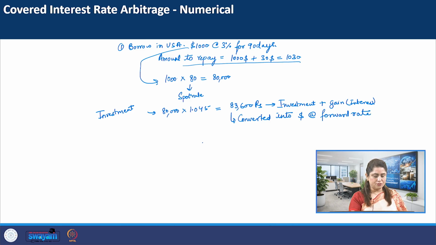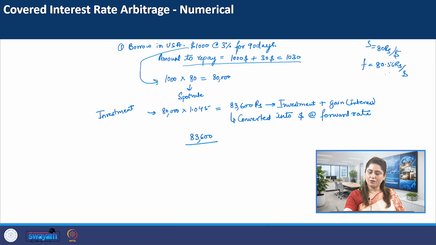So what are we going to do? We are going to convert 83,600 divided by the forward rate. The spot rate is 80 rupees and the forward rate given to us is 80.56 rupees per dollar.